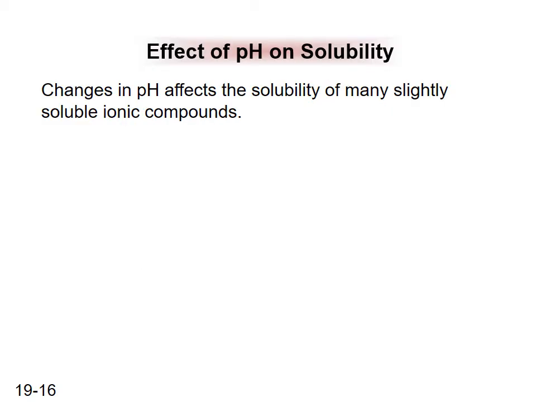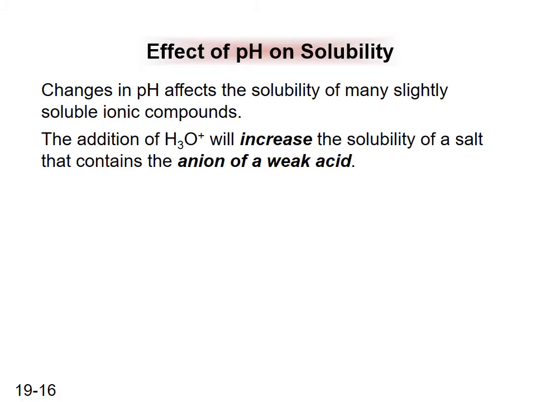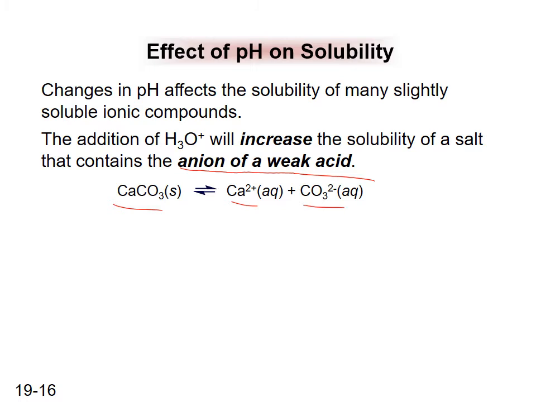Sometimes changes in pH value also affect the solubility of some slightly soluble ionic compounds. Now this only happens for those salts that contain anions of weak acids. For example, calcium carbonate produces calcium ion and carbonate ion.